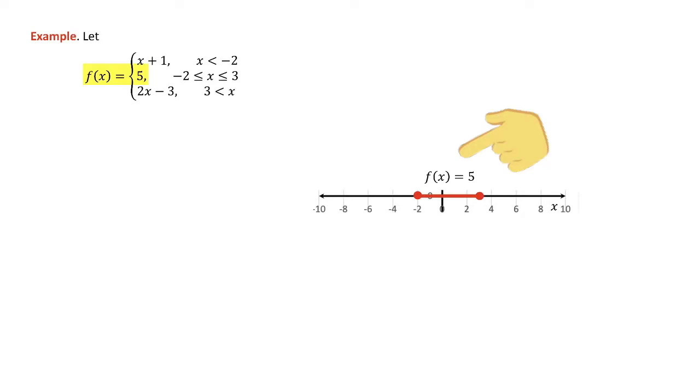Think of the different pieces, x less than minus 2, minus 2 to 3, greater than 3, as the different students in the class. There's a different final grade for every student. There's a different rule for every single student in the class. That's all we're really doing here. For the people on the left, in the middle, and on the right, they're different rules.